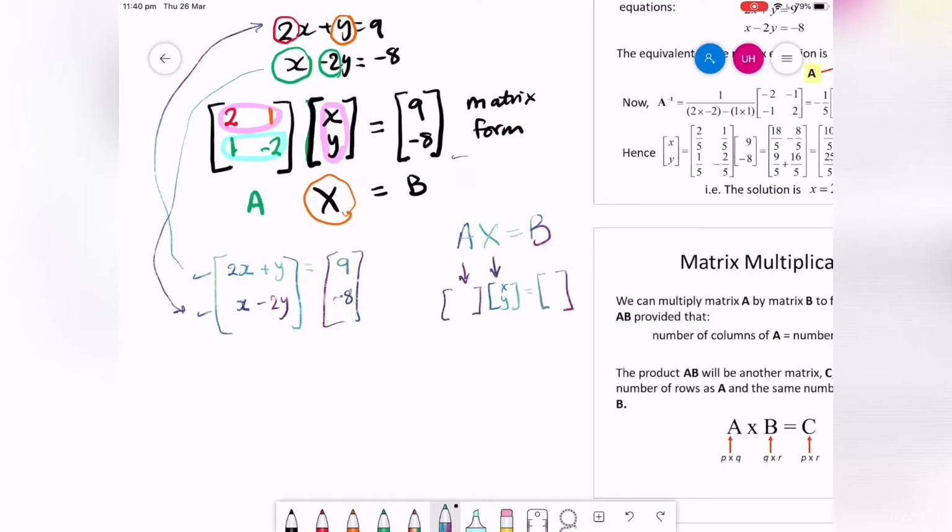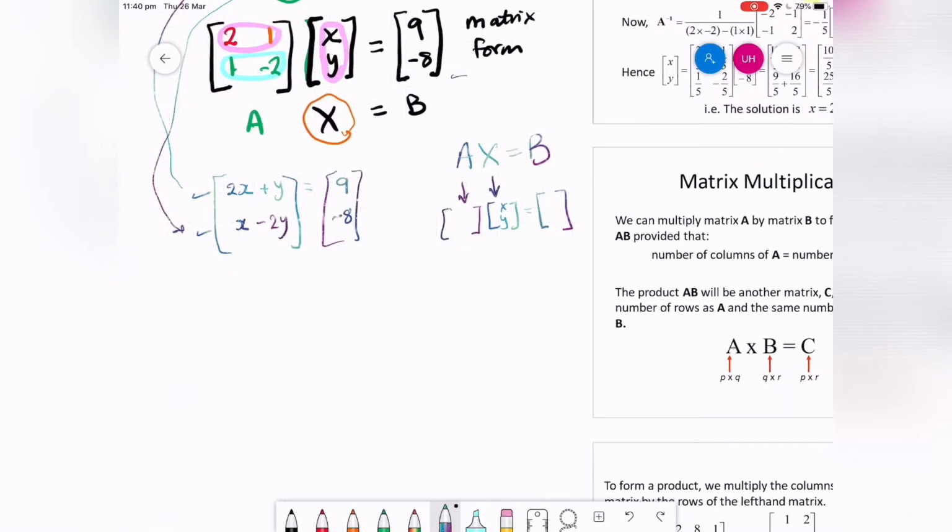Now, to solve the equation, after we reach AX equals B, then, as I explained earlier, we multiply both sides by A inverse.